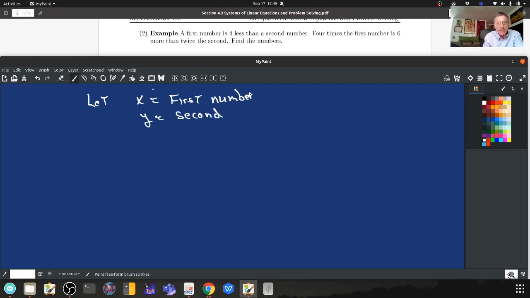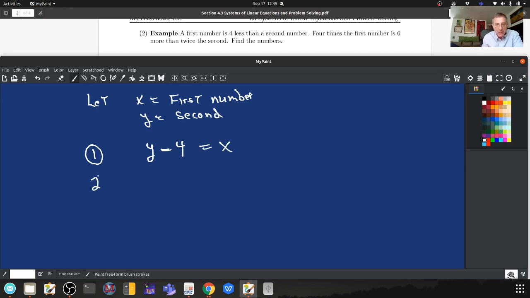So now let's translate each sentence in turn. Our first equation. A first number, which is x, is 4 less than the second number. That means y minus 4 is equal to x.